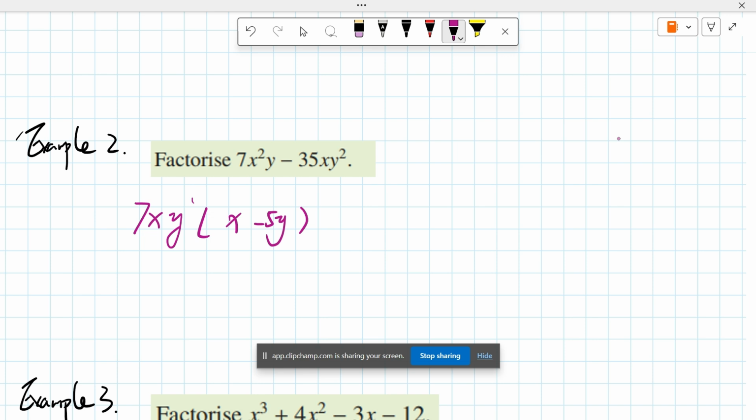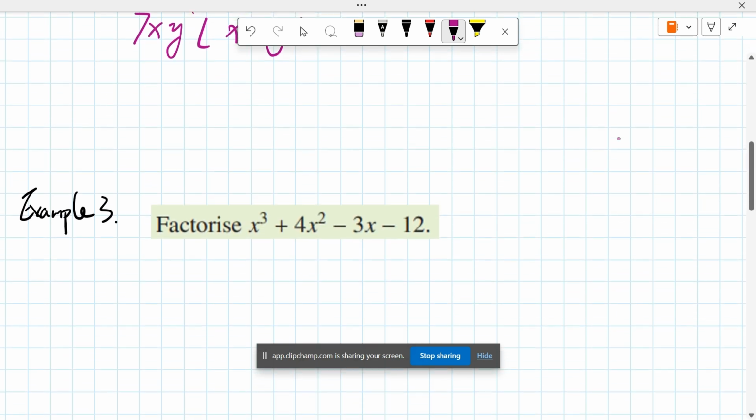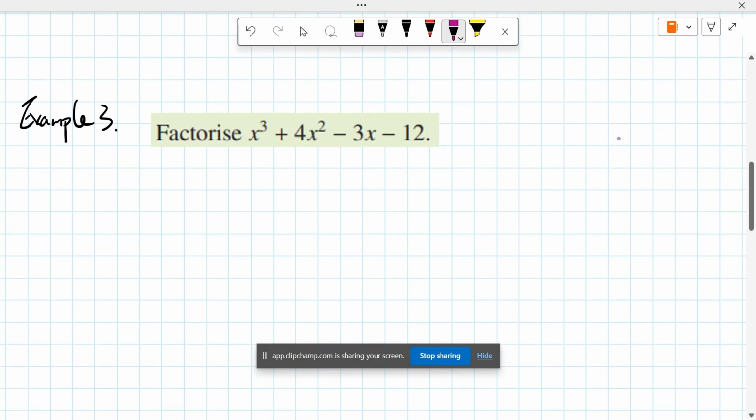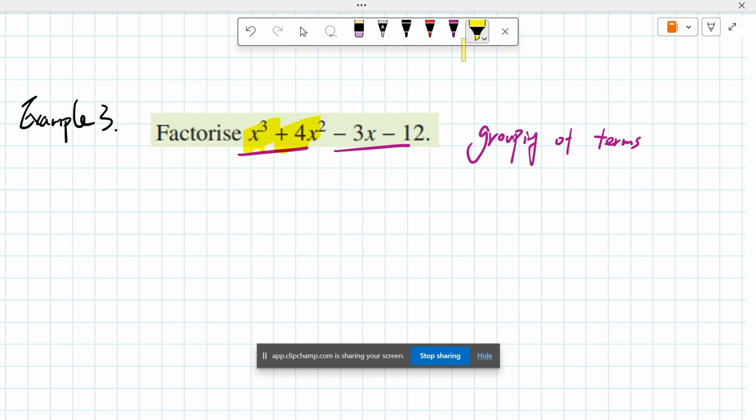Alright, question 3. Let's have a look. This one is called grouping of terms. So we're grouping two things together. For example, I'm grouping x cubed and 4x squared together, and I'm grouping negative 3x and minus 12 together.